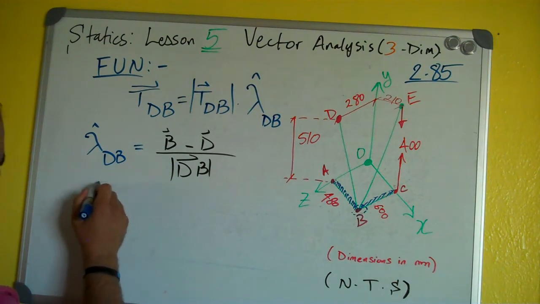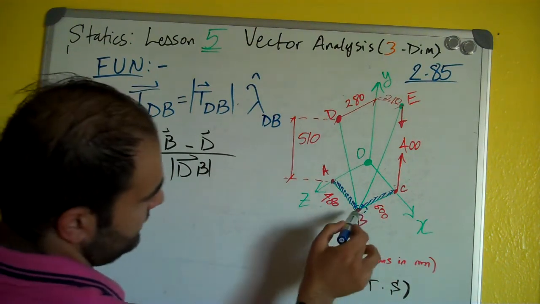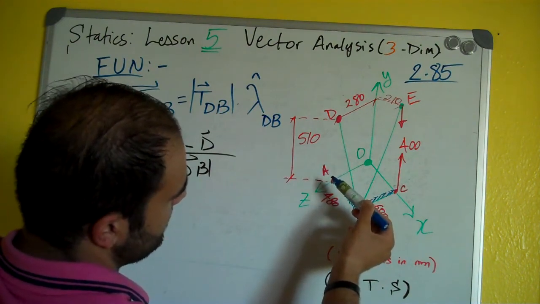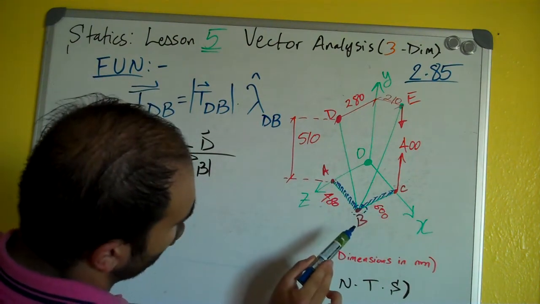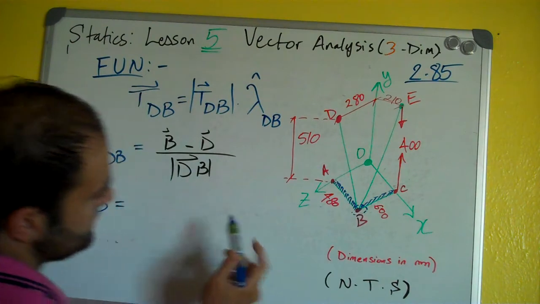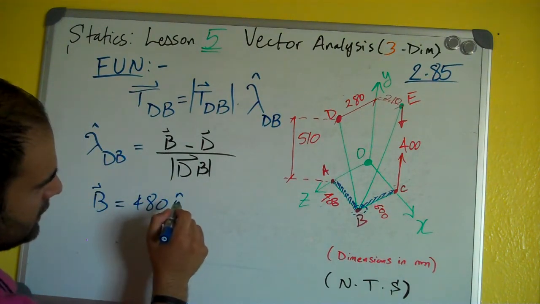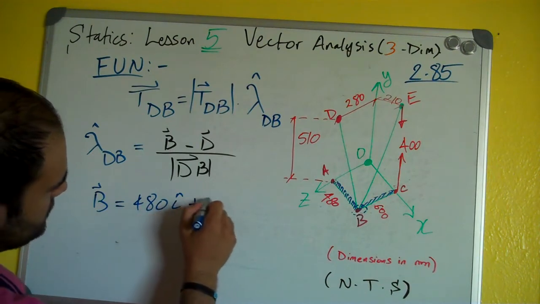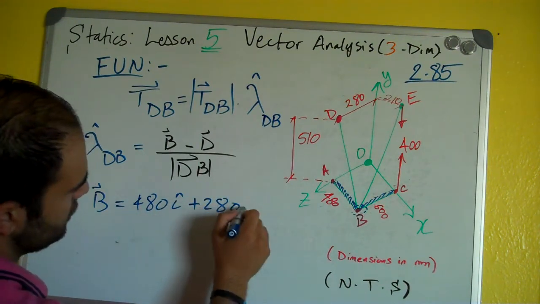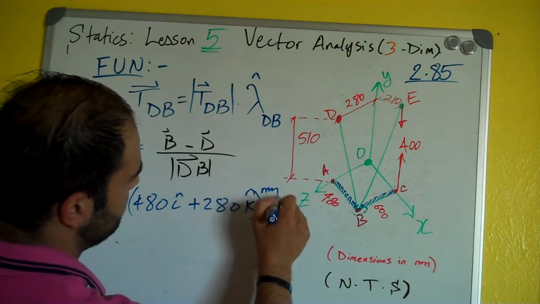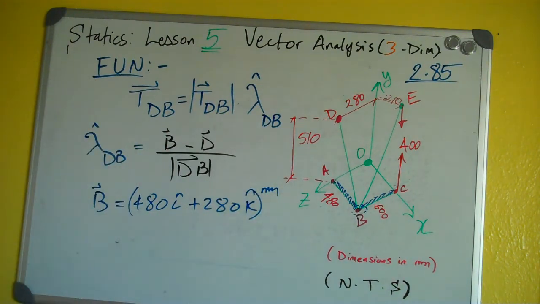Your B is this, so that's 280 in the Z and 480 in the X: 480 I plus 280 K millimeter. Let me double check with my solution.